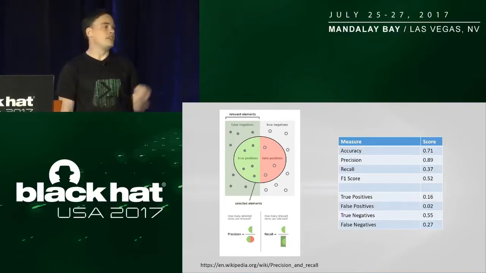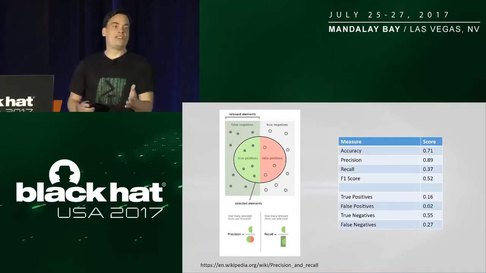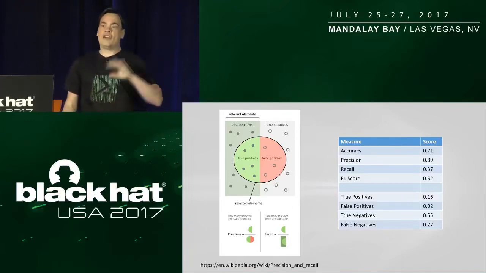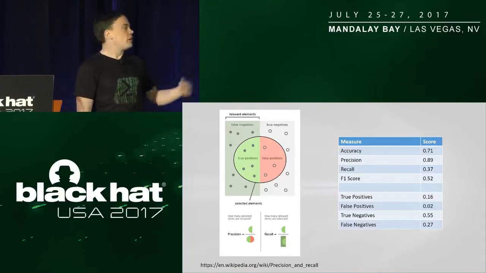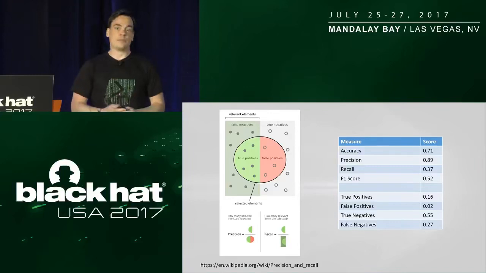Precision says: when this thing had an answer, how often was it correct? Basically, that's the measure of false positives. Recall says: of all the bad stuff out there, all the obfuscated stuff, how much did it actually give you back to take a look at?